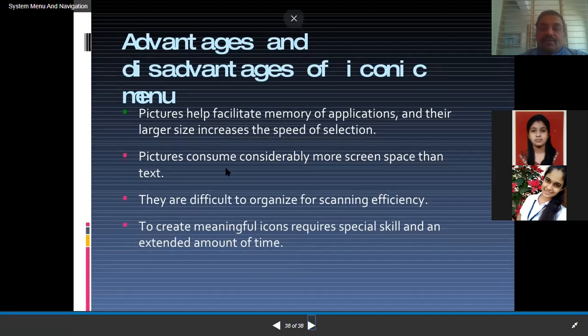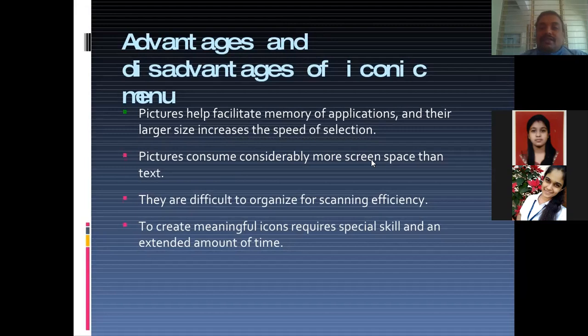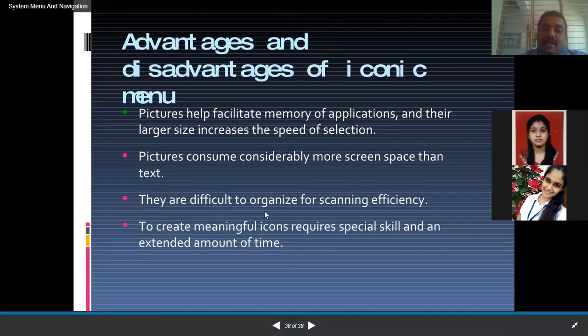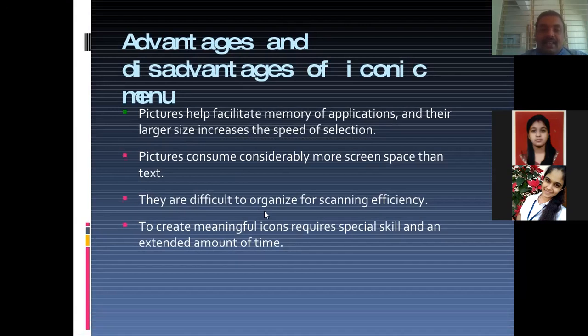Next, pictures consume considerably more screen space than text. So another drawback is that it consumes more space, because when you put a button like the floppy disk or the save button, it consumes more space than text. They are difficult to organize for scanning efficiency. To create meaningful icons requires special skill and an extended amount of time.